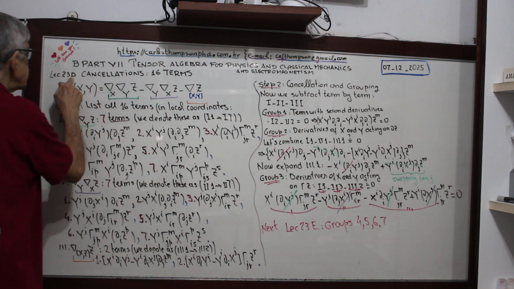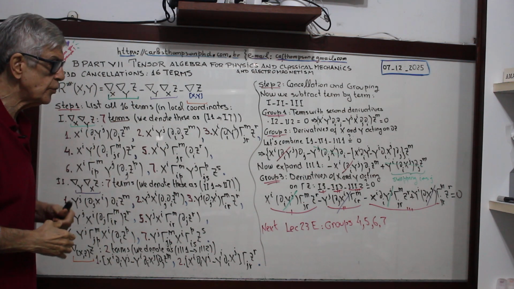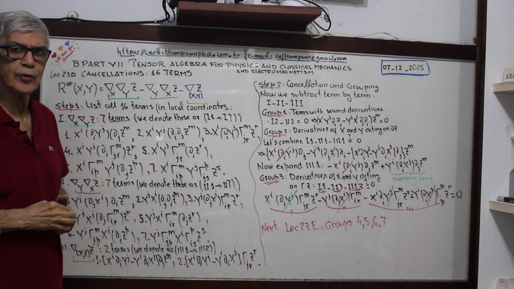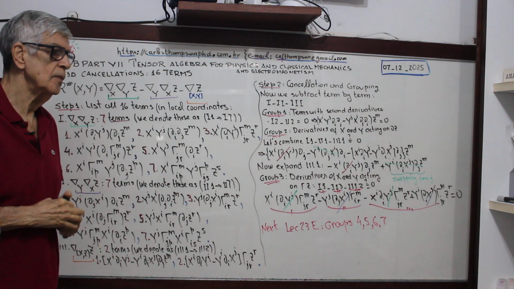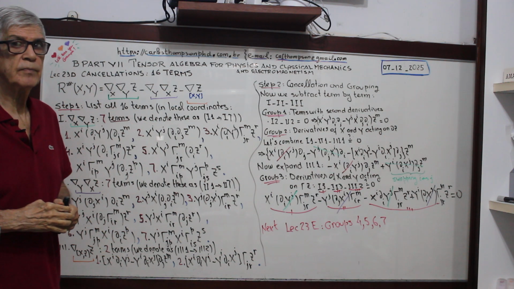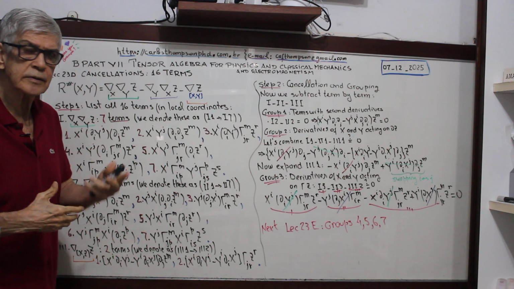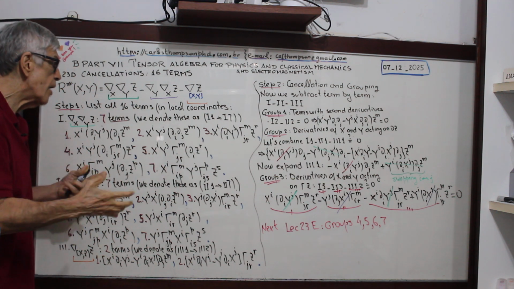Lecture 23D, cancellations. When you derive the abstract definition in terms of local coordinates, this leads to 16 terms, which we already derived.